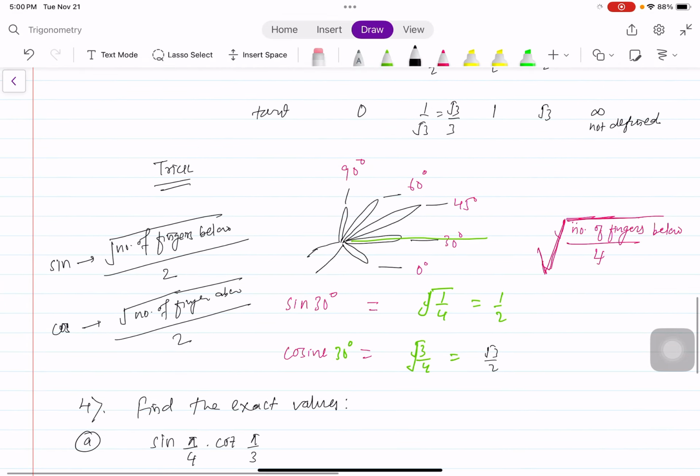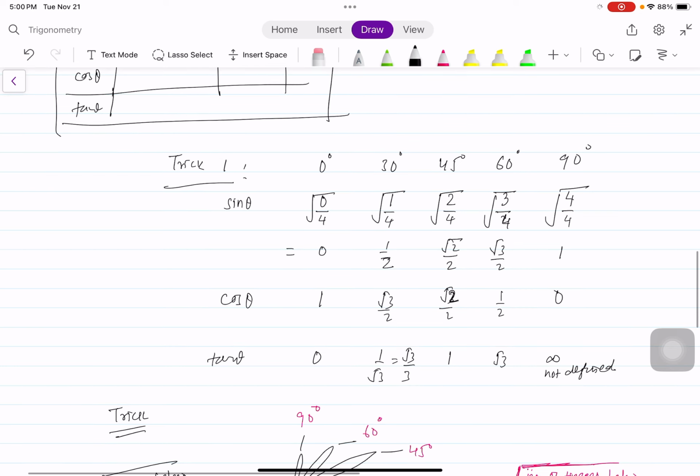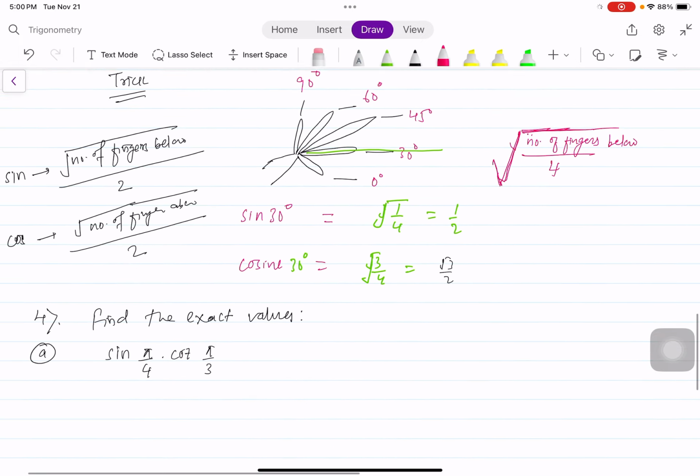Now remember, these values that we just discussed correspond in this way: this is 0 radian, this is pi by 6 radian, pi by 4 radian, pi by 3 radian, and finally pi by 2 radian.